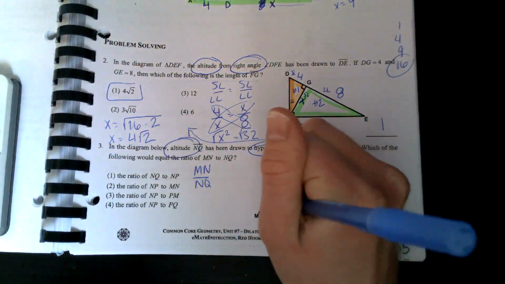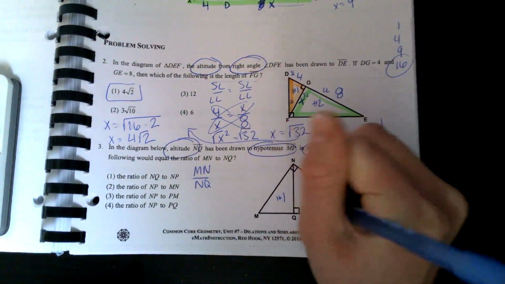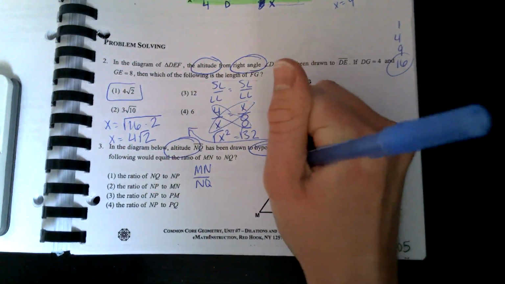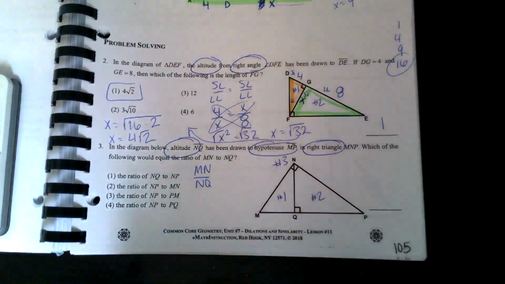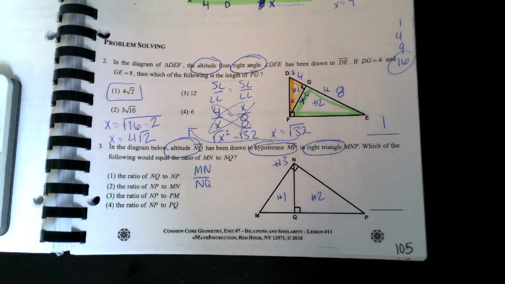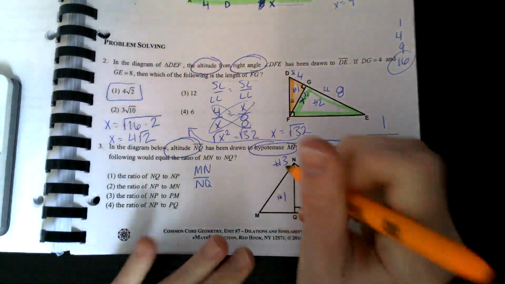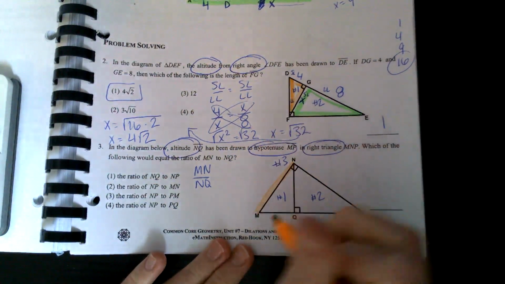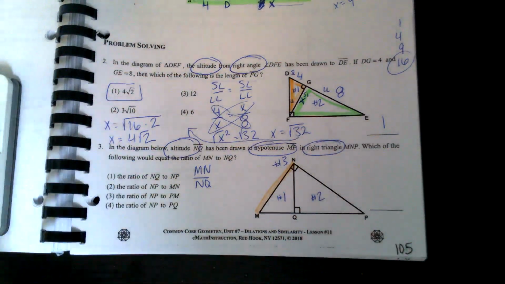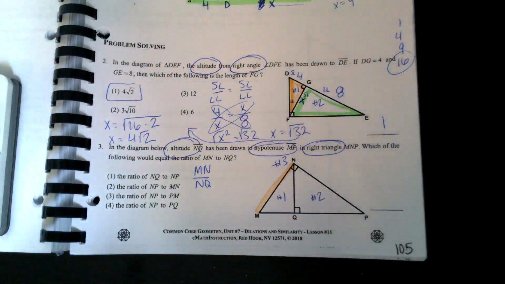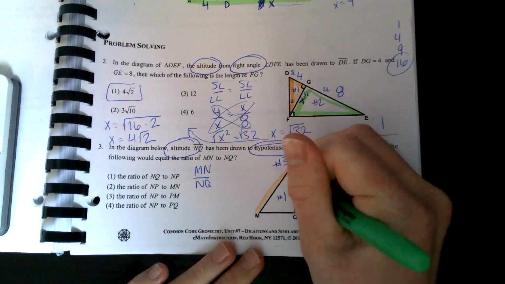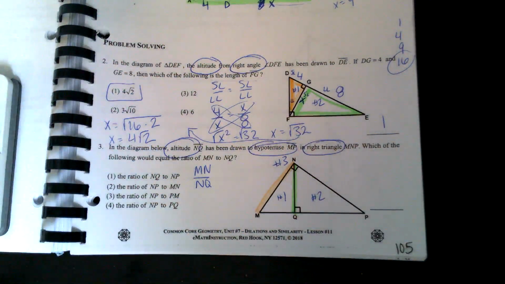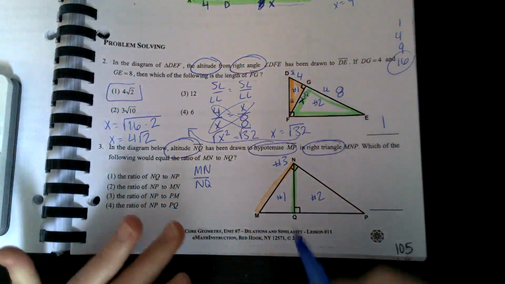Okay, so here's number 1, here's number 2, and then my big triangle is my number 3. So MN is this one, and then NQ is the altitude or the long leg if you feel so inclined.